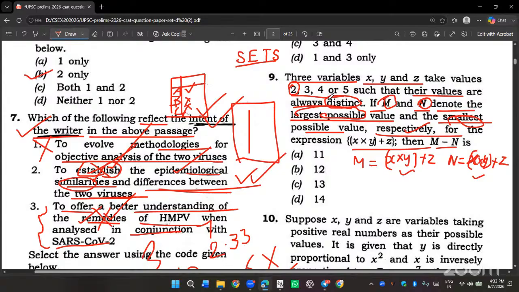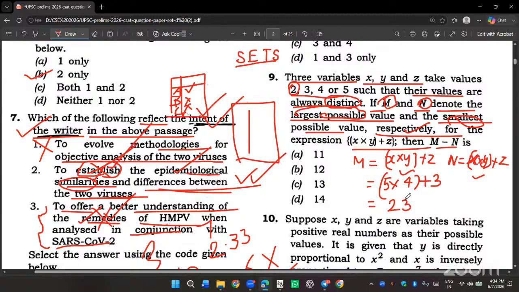So you cannot repeat them. Okay. In order to get the highest value, what can I do? I take the largest numbers, 5 and 4. In reverse, you have to come always. Plus the next highest number, 3. So 20 plus 3, 23. Value of M.